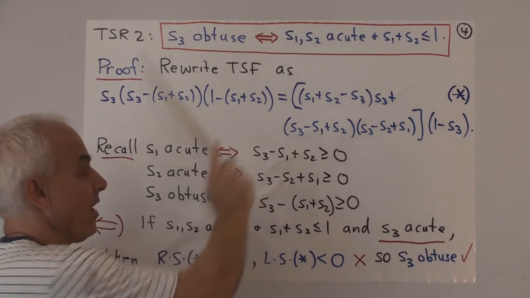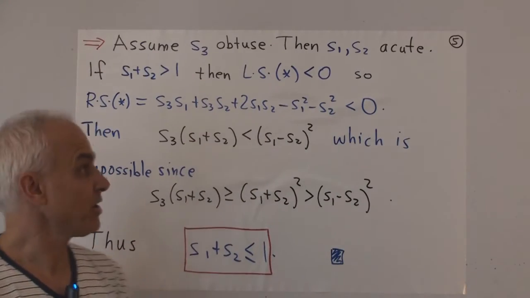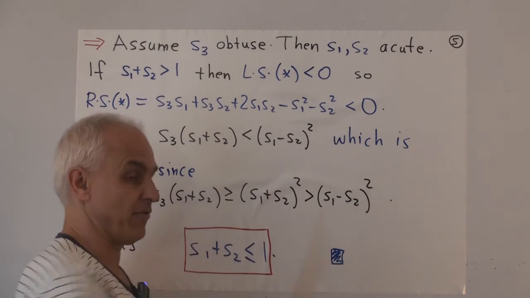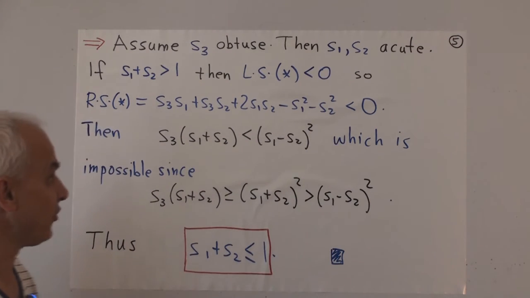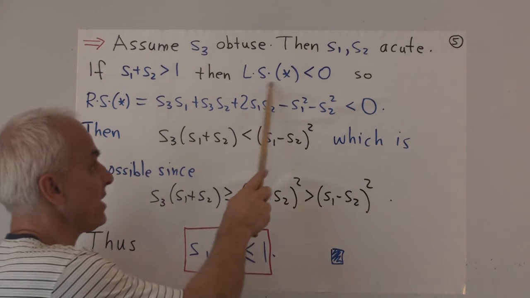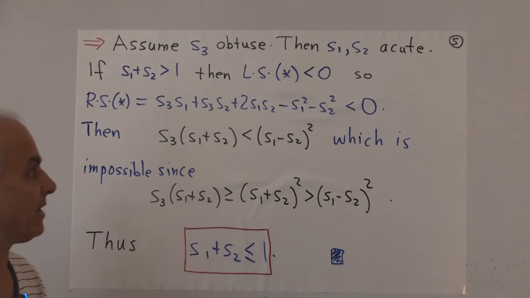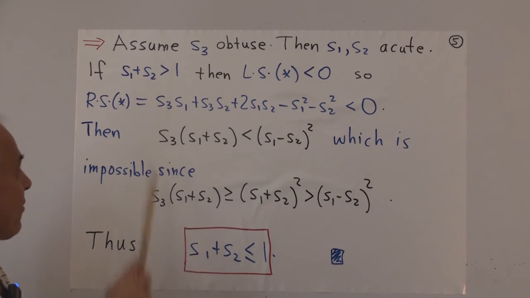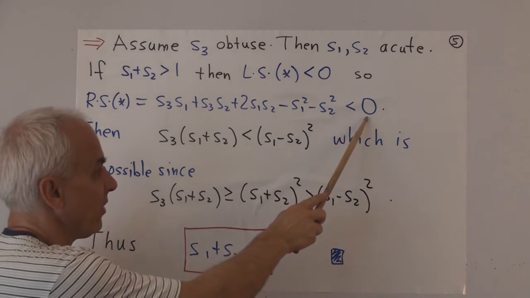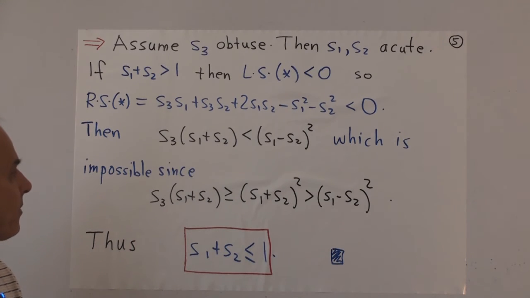So this implies this. And in the other direction, assume that S3 is obtuse. Then we know that S1 and S2 have to be acute because a triangle can't have two obtuse spreads. If S1 plus S2 happens to be bigger than 1, then the left-hand side of that equation star is going to be less than 0. And the right-hand side, if you expand it all out, is this expression here. So that's going to have to be less than 0 as well.